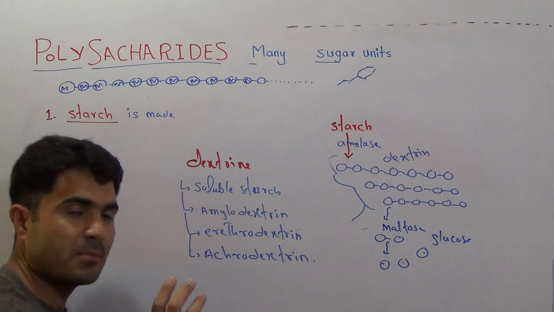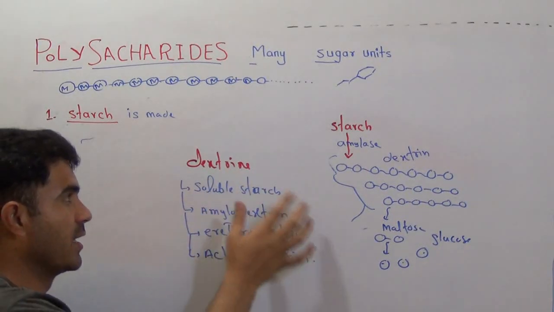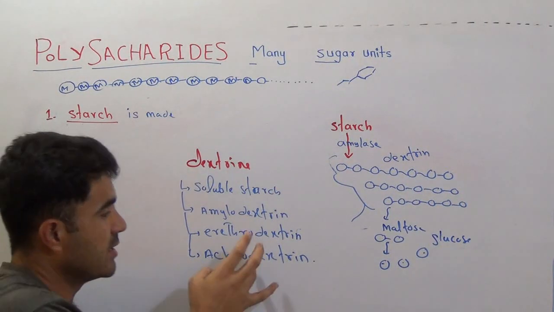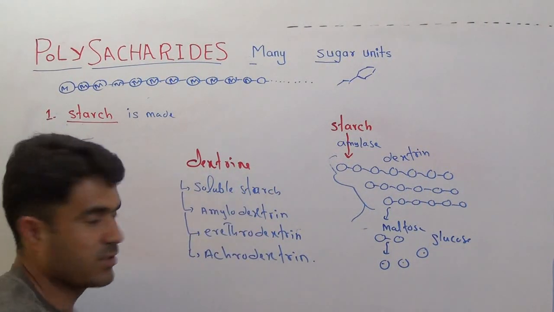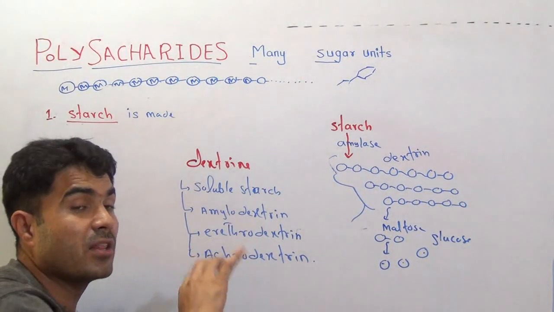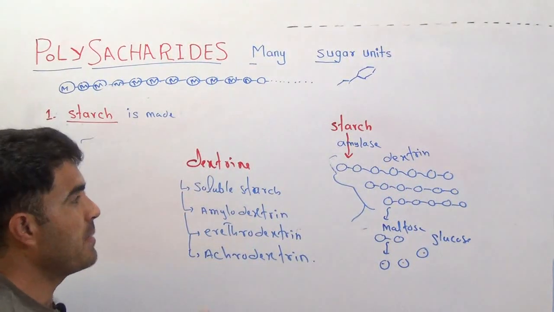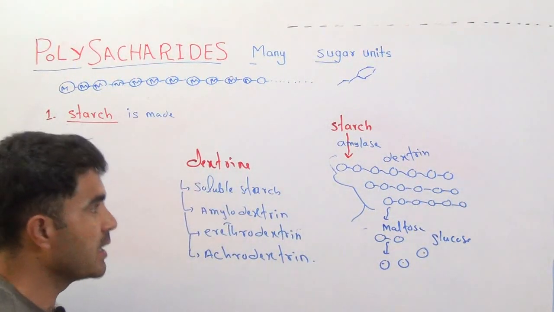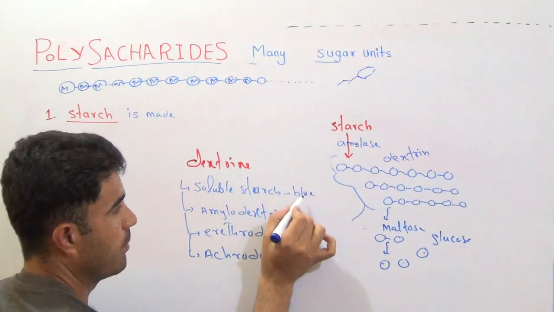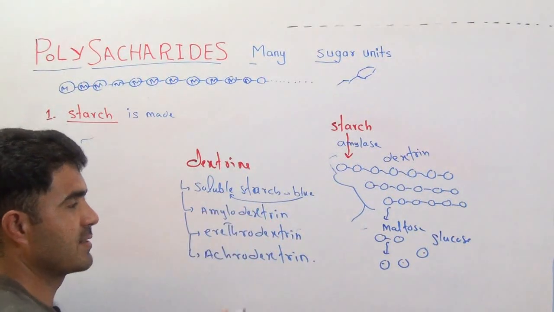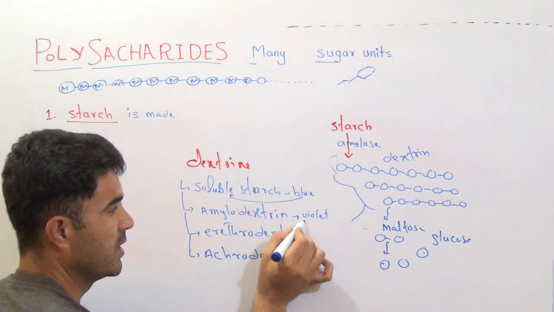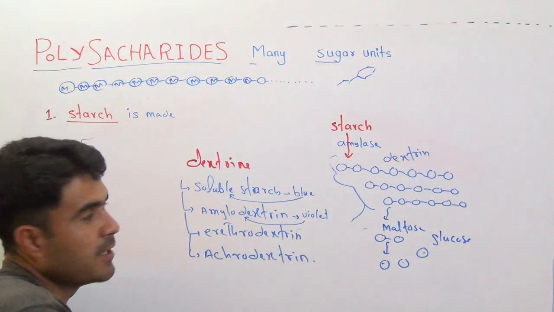These 4 different names are all related to the dextrins, and you know very well that dextrins are related to starch, so these are some sort of starch. Why did we give different names? Because this is on the basis of color. If you mix iodine with the dextrin and the color is blue, it is named soluble starch, and if the color is violet, the name will be amylodextrin.